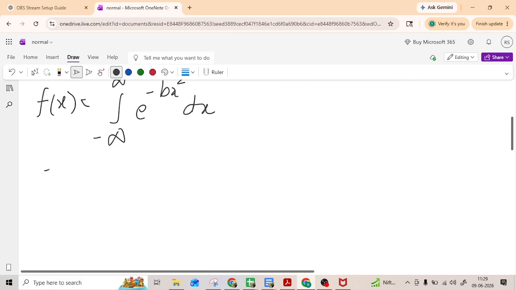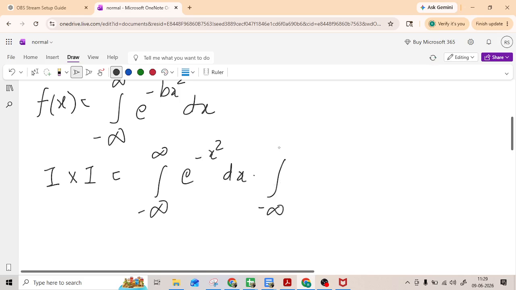So now this is a very critical trick. What we do is bring another integral into this, and I'll explain the rationale behind this. So let's say the integral of e raised to the power minus x squared dx, okay? And because we have included another integral, this time it would be from minus infinity to plus infinity of e raised to the power minus y square dy. We can't have the same variable, right?